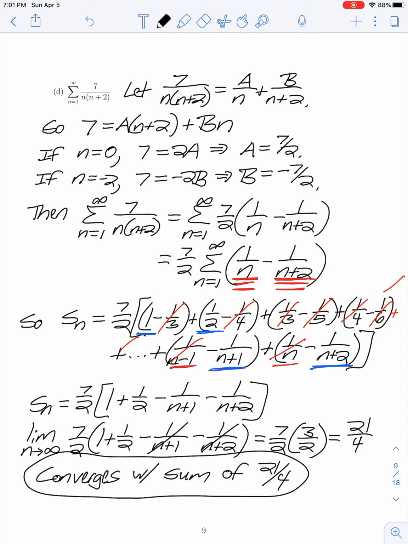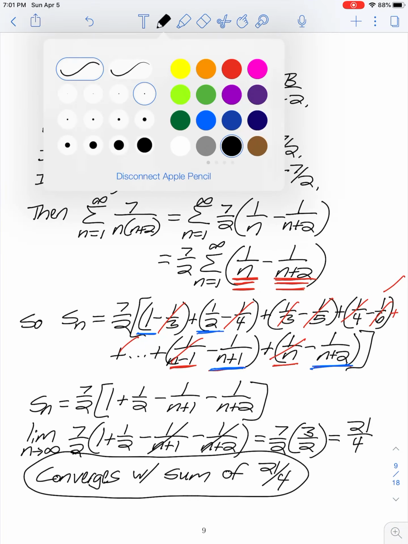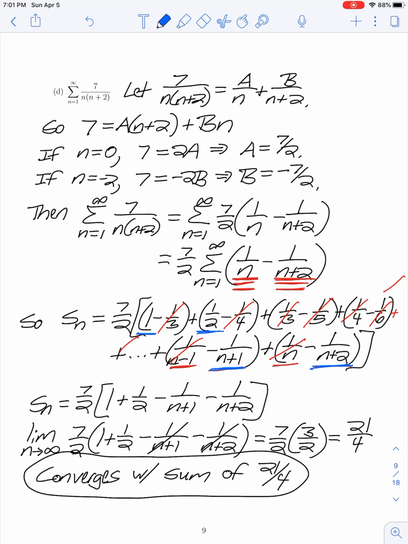And depending on the form of our series, we're left with maybe just the first and the last term for my partial sum, or as we saw in this example, we were left with the first two terms and the last two terms in this sequence of partial sums. But once we find our partial sum, we can take the limit as n becomes large to determine convergence or divergence and find the sum of our series.